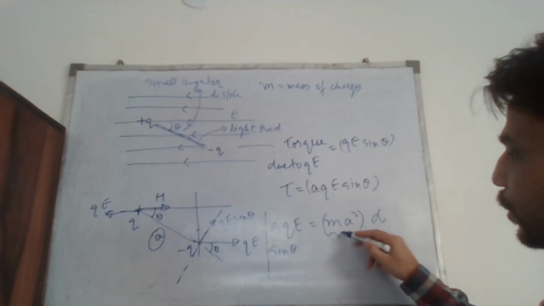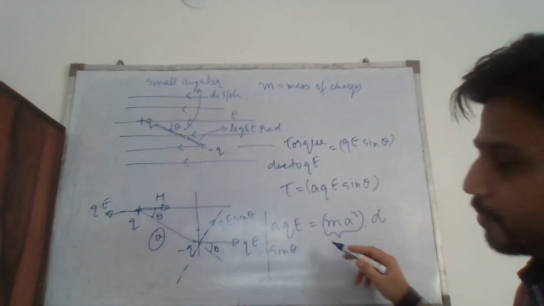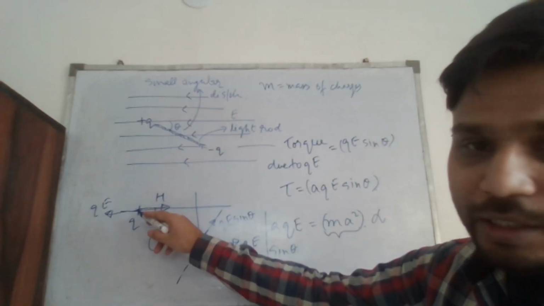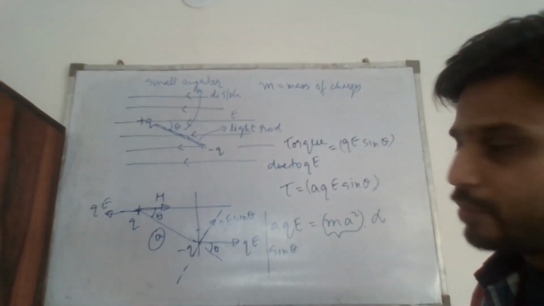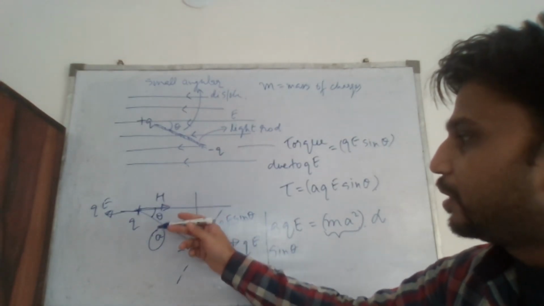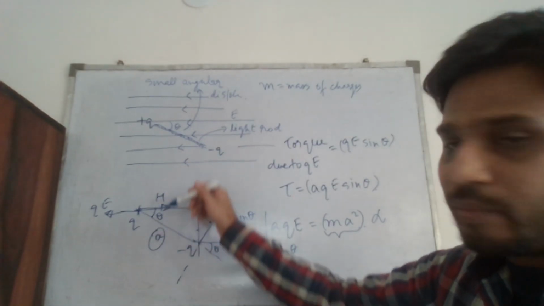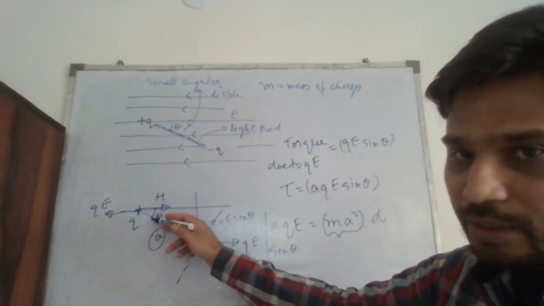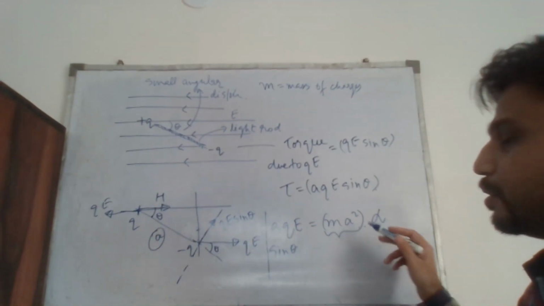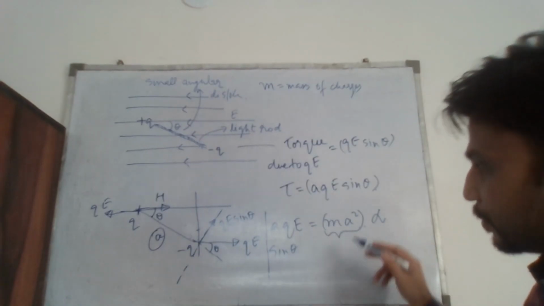Here moment of inertia for only a single charge is taken as the other charge is hinged. Its distance from the point of oscillation is 0. So that's why only one particle has a moment of inertia. The other particle has 0 distance. So it's m into 0 square plus ma square.